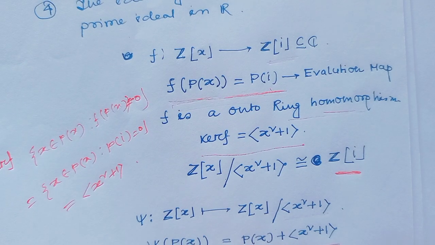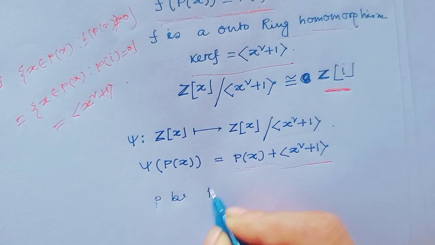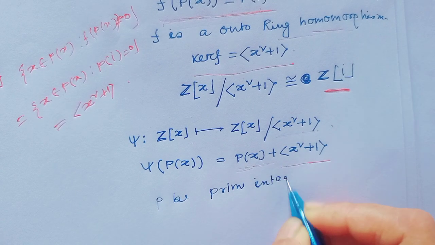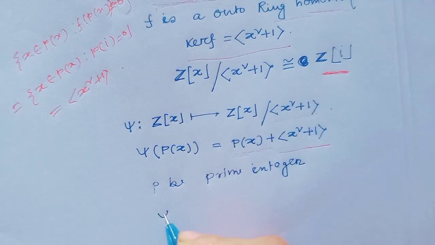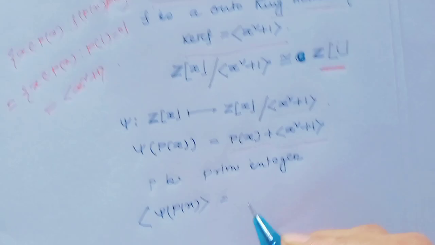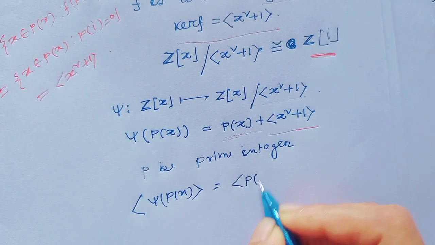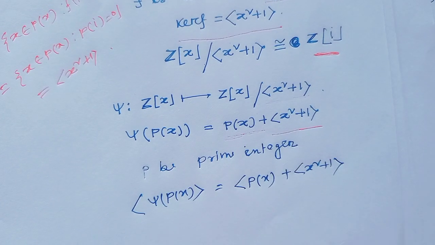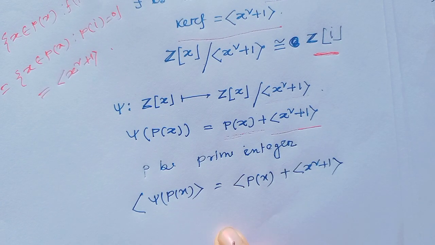Consider p to be a prime integer. Then psi(p) generates the ideal, and this is a proper ideal.